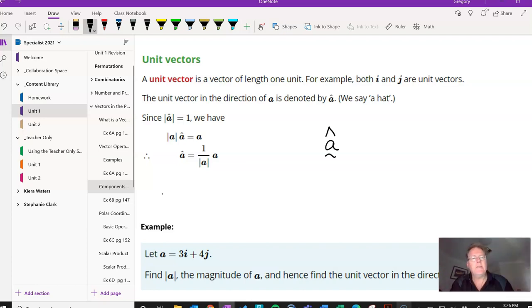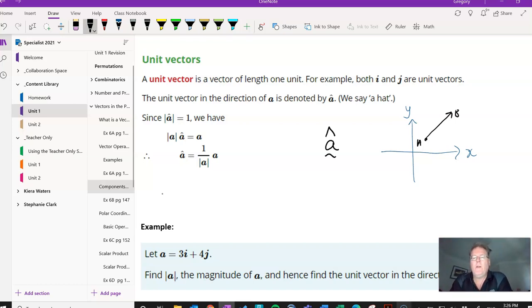And what that means is, if I draw a vector, so I create a vector very quickly, y, x, and there's my vector AB along there.